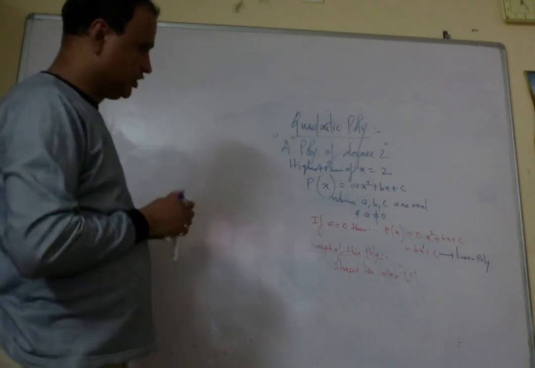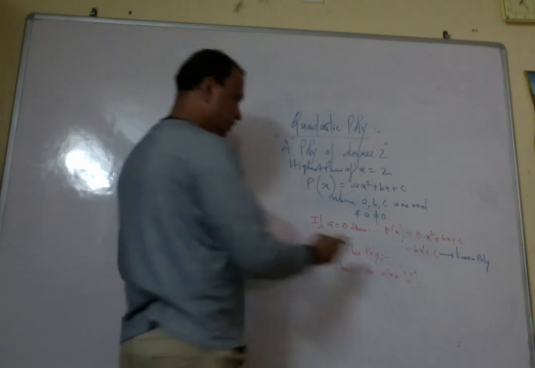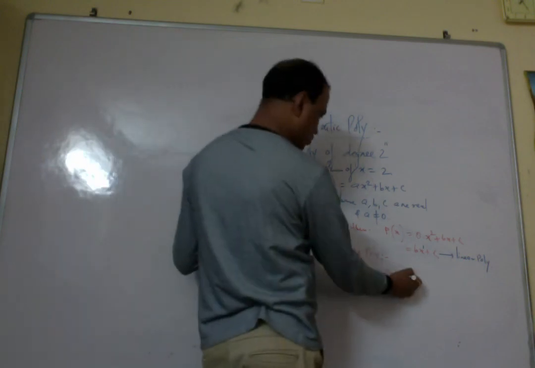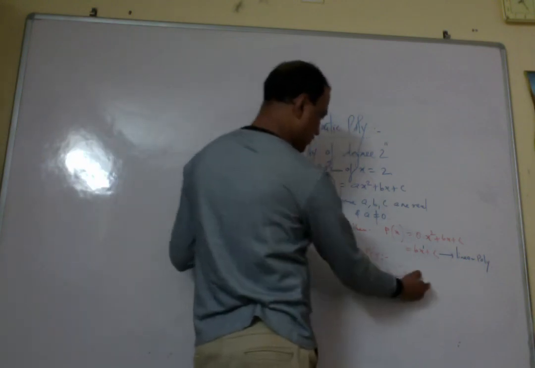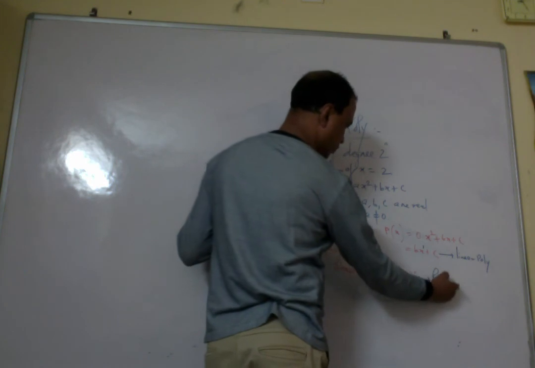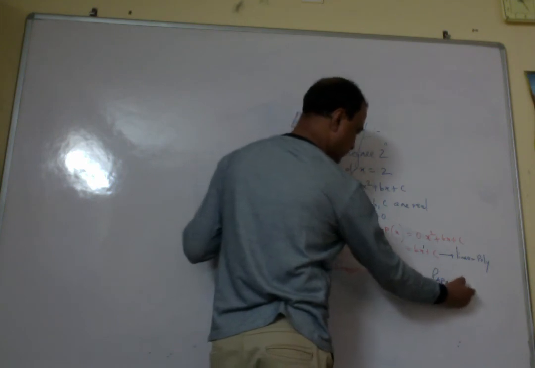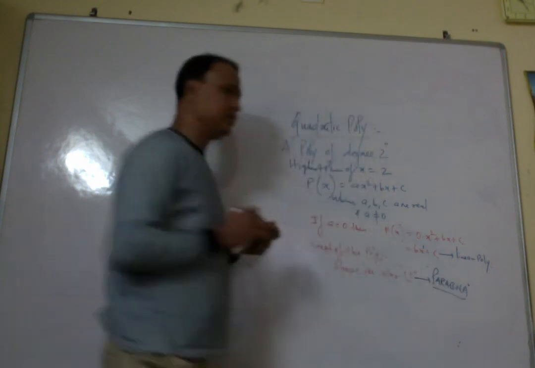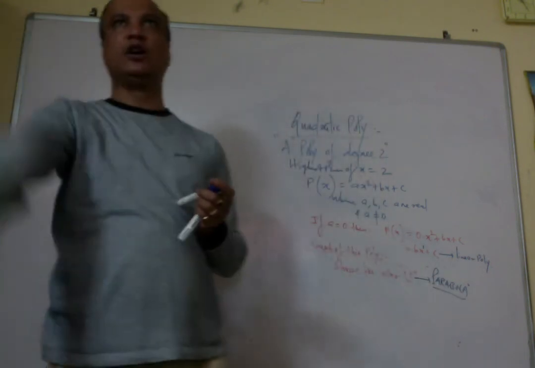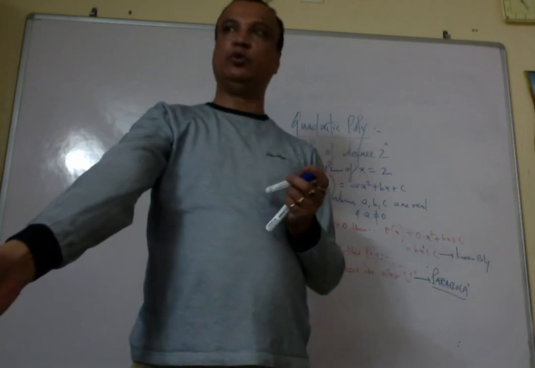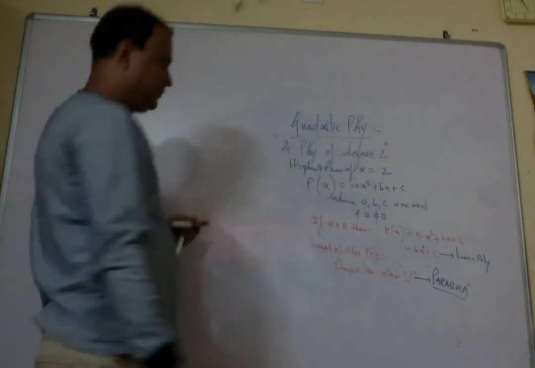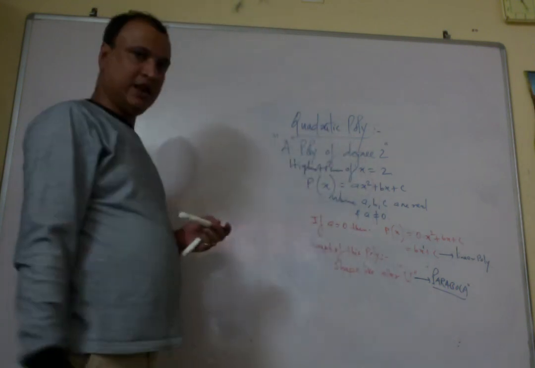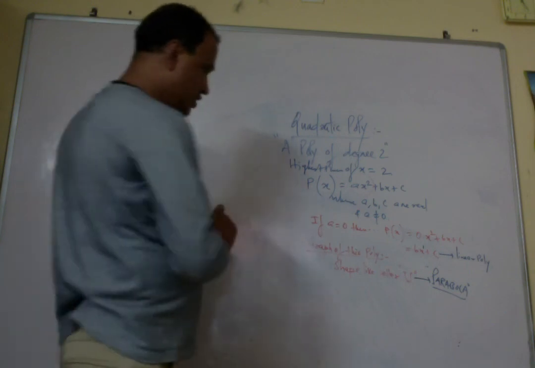Now the shape is like letter u, but it depends. These u-shaped curves are called a parabola. You have this in class 11 standard. The topic is parabola. Parabola means anything which takes a u-shaped curve. So the graph of this polynomial will be like a parabola, and it depends.